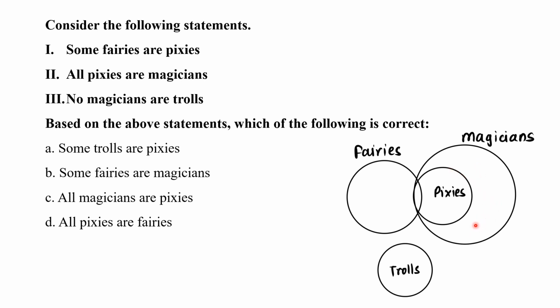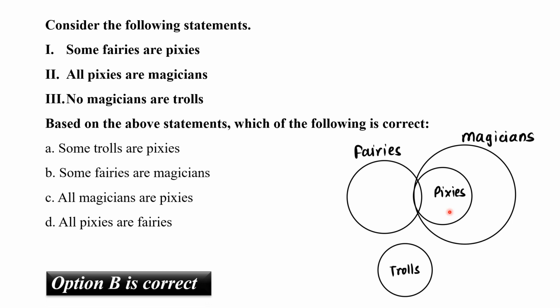And all pixies are not fairies. So this is the population of pixies that are not fairies. So option B is correct. Some fairies are magicians. That is the part that is intersecting with pixies but is also a part of magicians.